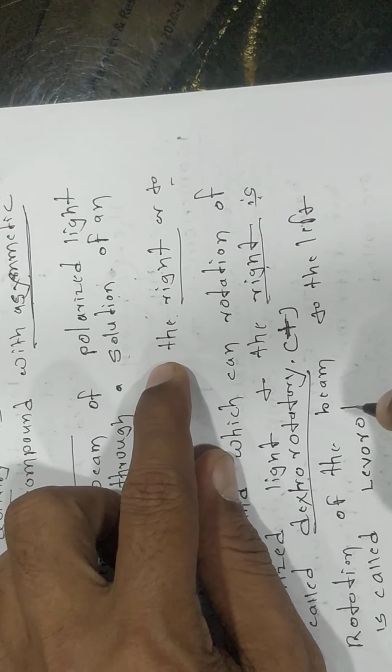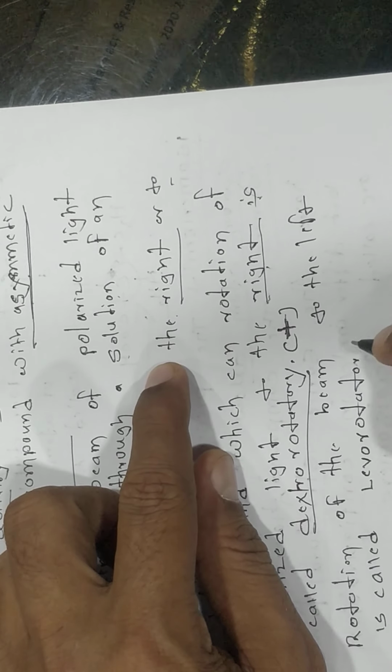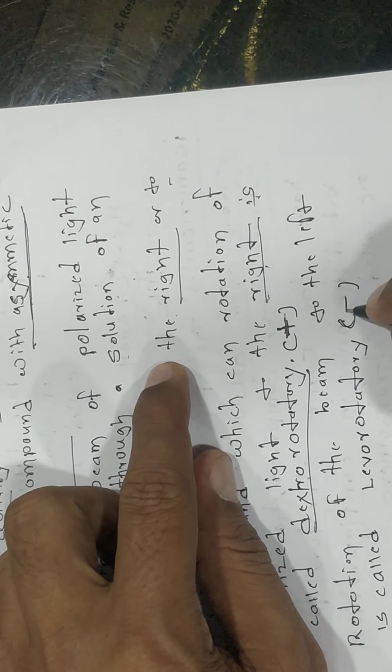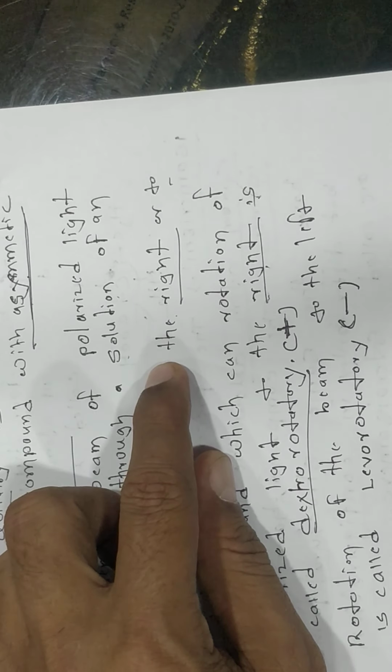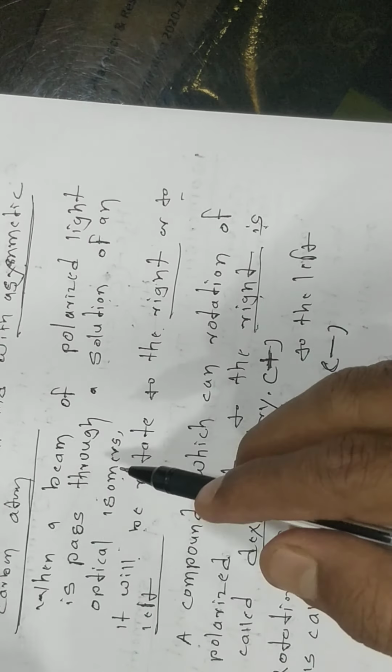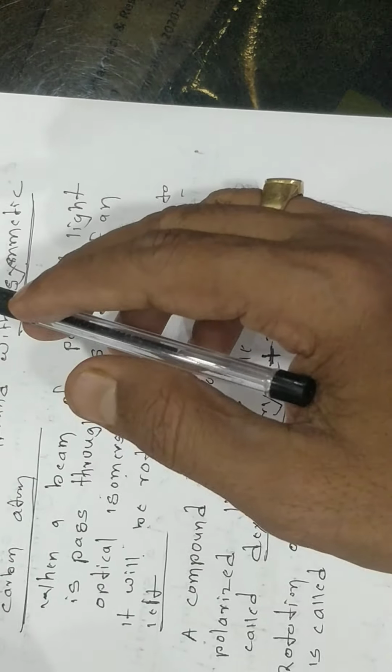Levo is called levorotatory. See the compound, again I told you about optical isomerism.